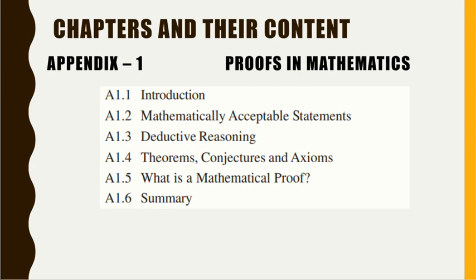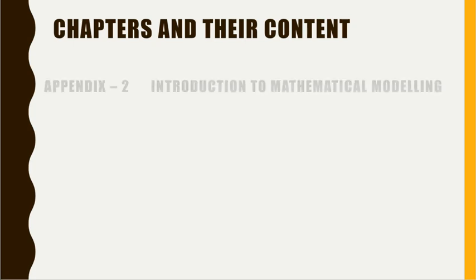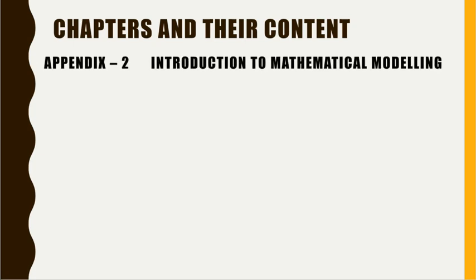Then you have got appendix number 2. That appendix number 2 is introduction to mathematical modeling. What is the meaning of this mathematical modeling? Children, in this present generation, just learning information is not sufficient.